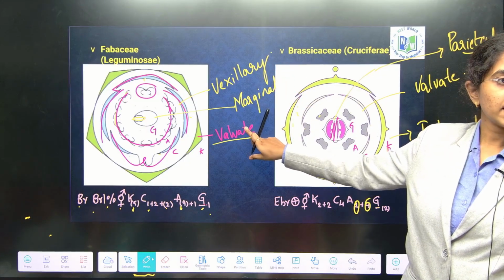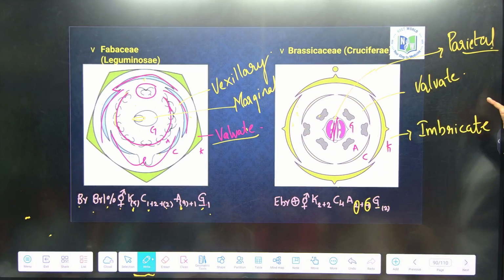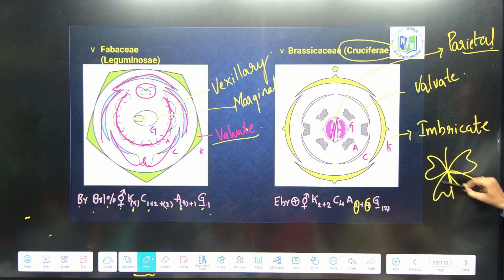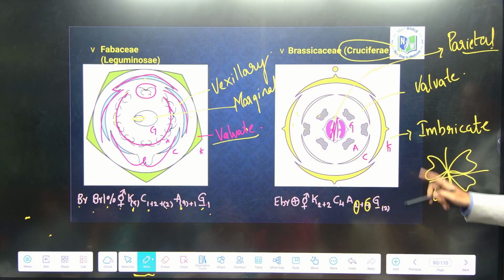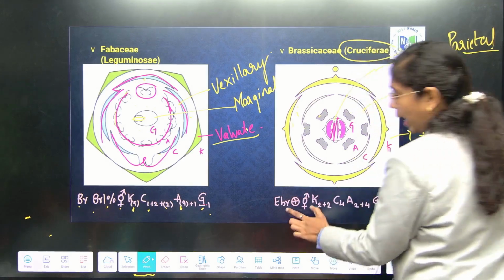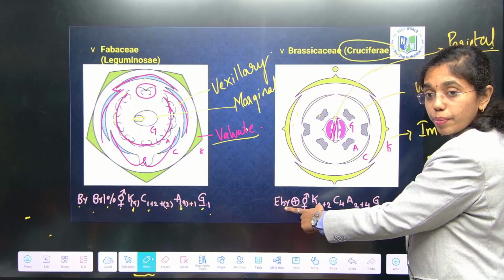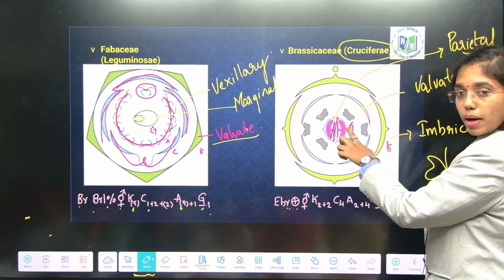Fabaceae having what placentation? Brassicaceae? Parietal placentation. This is known as cruciferae because corolla will show cruciform like structure like this. That is why it is also known as what? Cruciferae. Clear? So it is ebracteate, whereas Fabaceae is bracteate, bracteolate. This is ebracteate, actinomorphic. Both androecium, gynoecium are there.